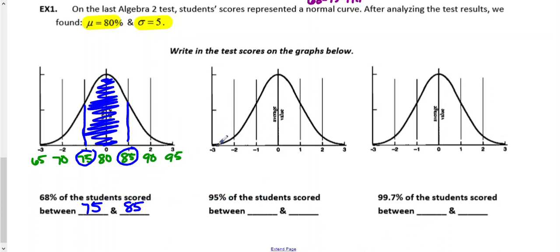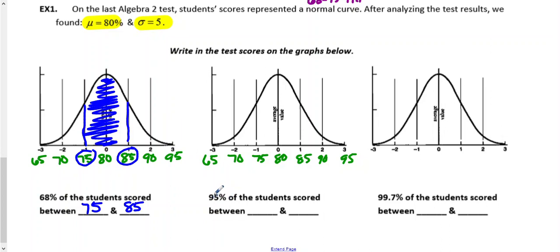Now let's do it again. So we can use the same numbers that I wrote over here in green, so I'm just going to relabel it. This question asks 95% of the data, or 95% of the students scored between what and what?